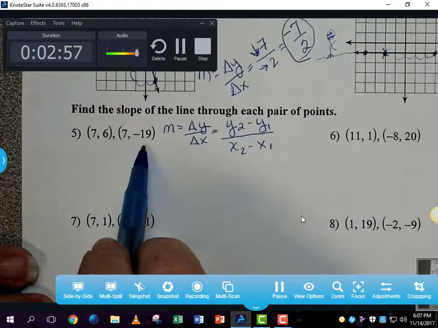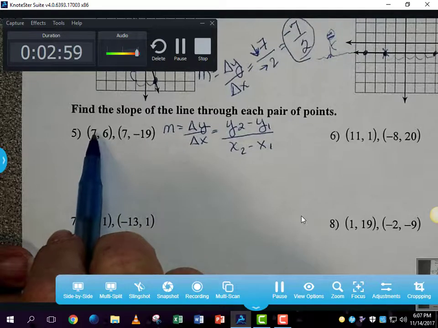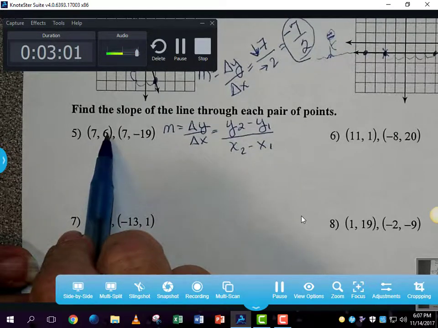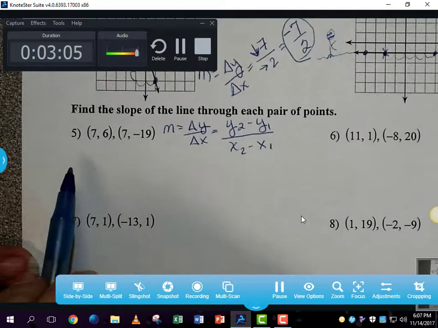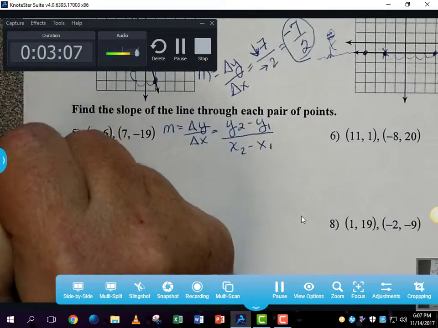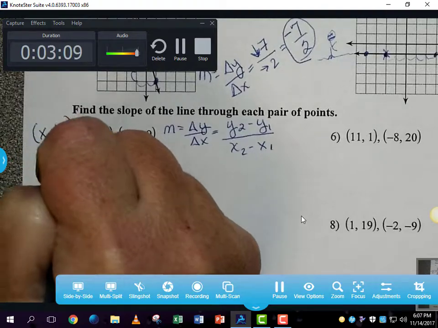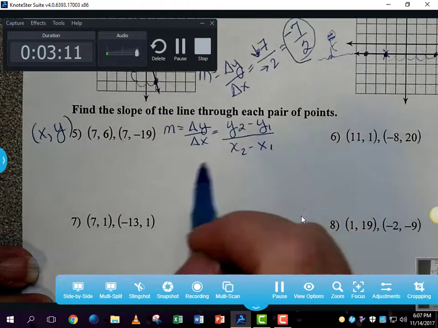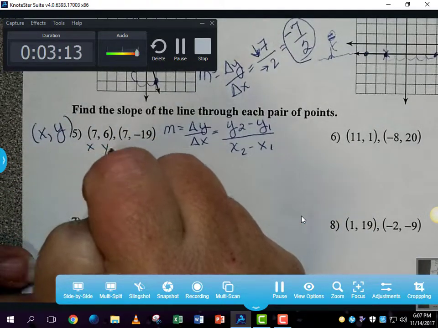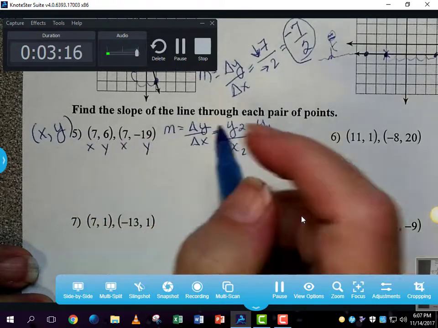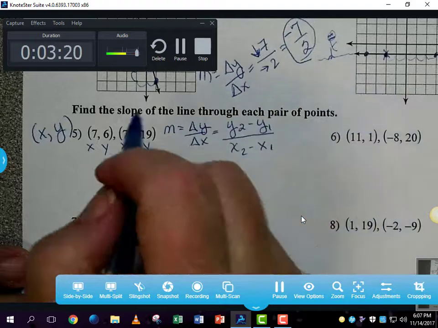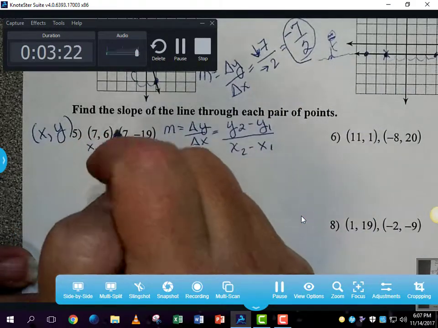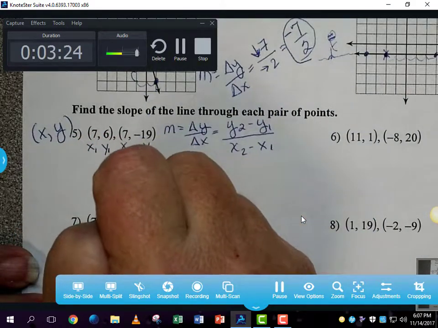The biggest problem with this is that students call this x, x, and then they call this y, y. But that is not how an ordered pair works. An ordered pair is always x comma y. So this is x and this is y, and this is x and this is y. And one of them has to have subscripts of 1, the first point, and one of them has to have subscripts of 2, the second point.